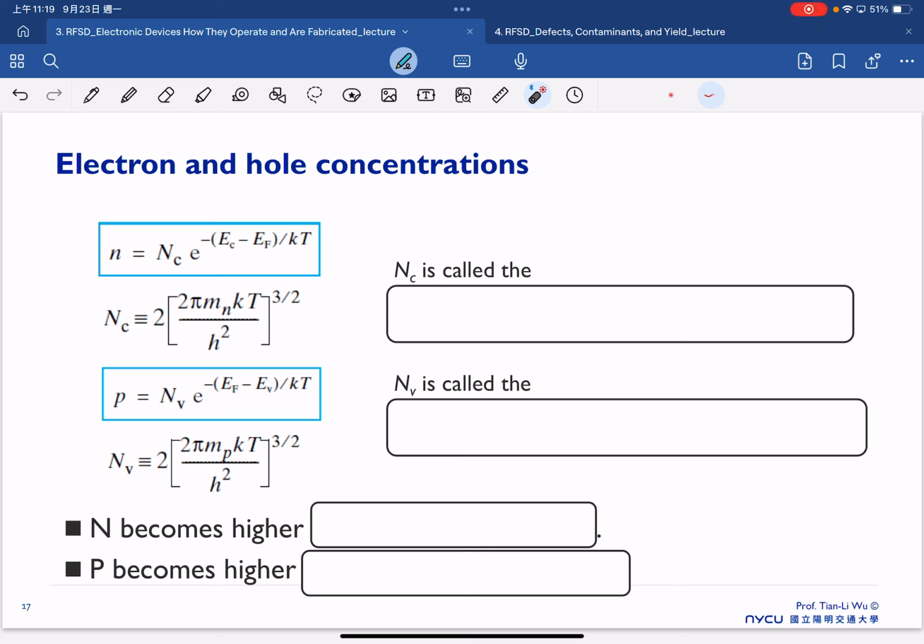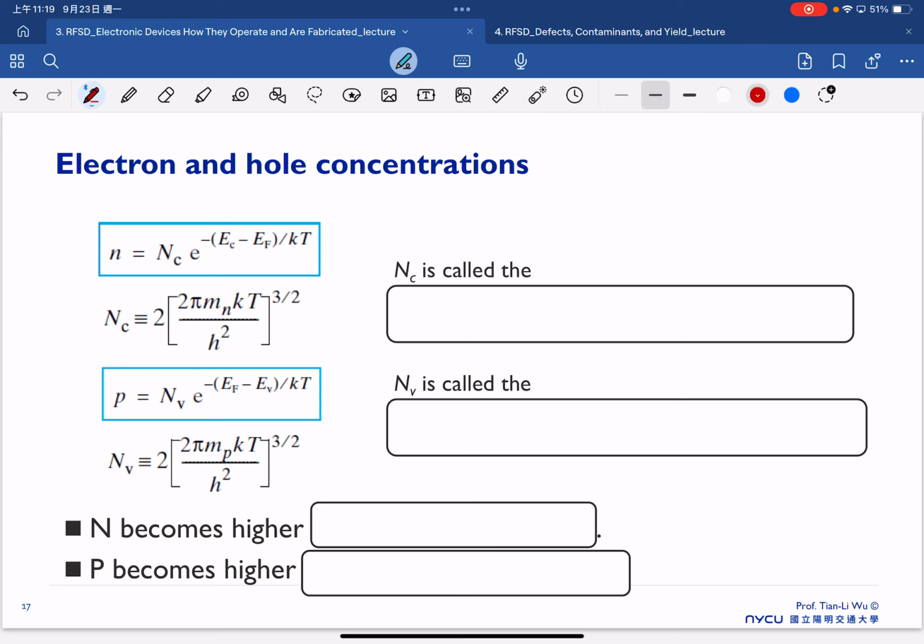Okay, so based on the concept we previously discussed, considering the density of states and also the probability function, in the end we can have this analytical equation where our electron concentration is equal to NC exponential minus EC minus EF over KT. And NC is shown here, which is a constant.